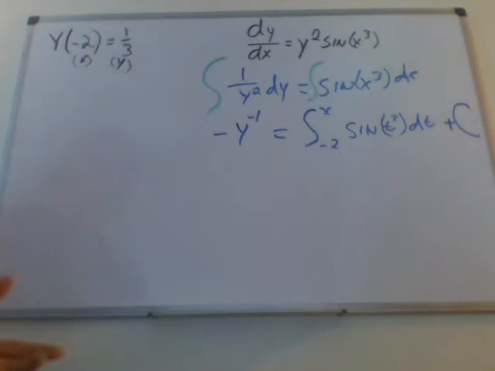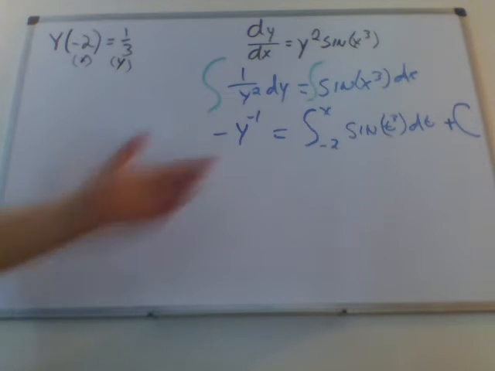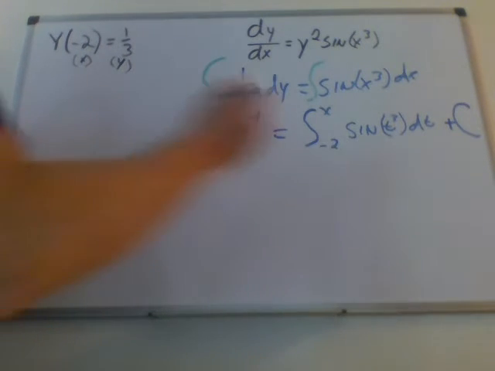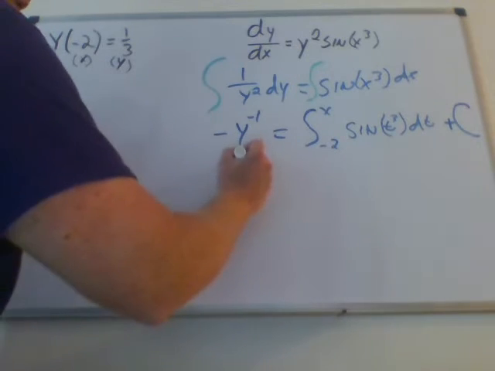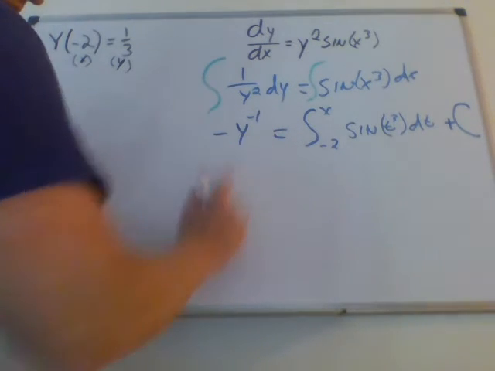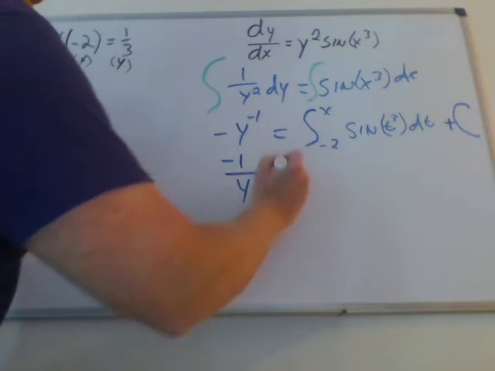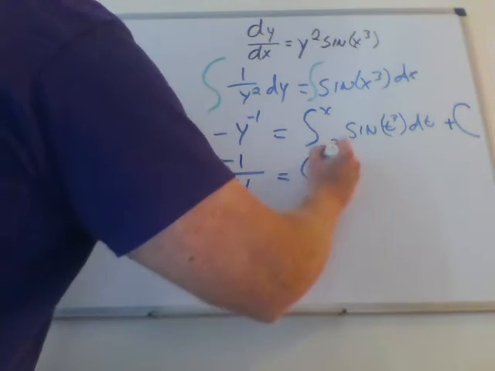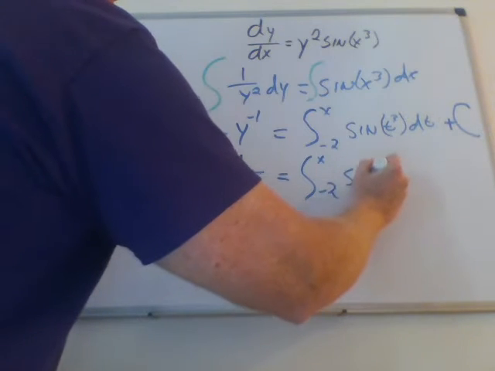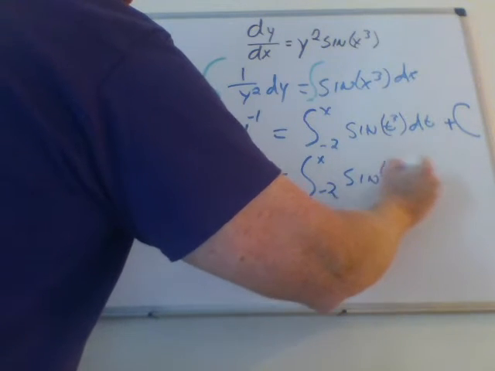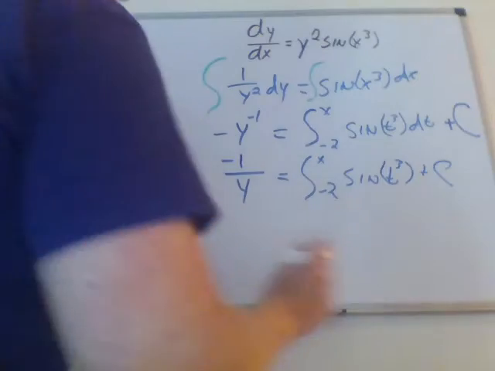So where we're at now, which is awesome, we can solve for y. I prefer to bring the 1 down because it's negative, so because of the exponent, it can be -1 over y, which equals the integral plus c.